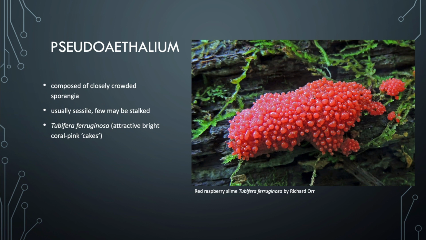Tubifera ferruginosa is attractive, bright coral pink, and it is often called red raspberry slime in the US. It can be pink or red in color, depending on its stage of growth. And once again, if you look up the images of this particular species, they will display various stages of development and ages, so therefore the shape and color changes over time.